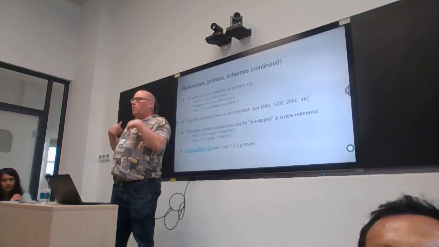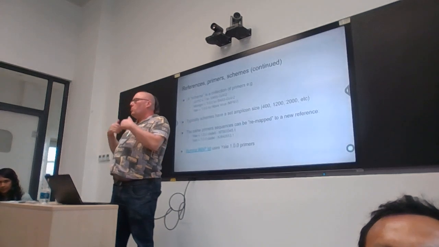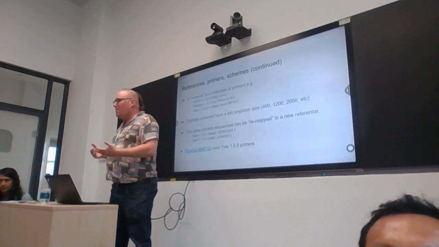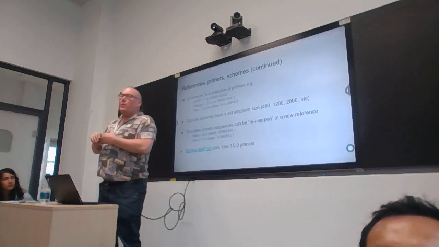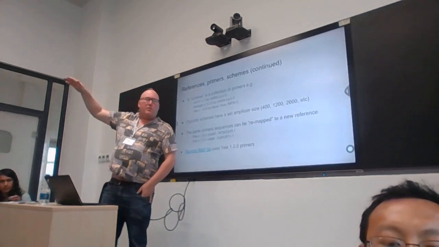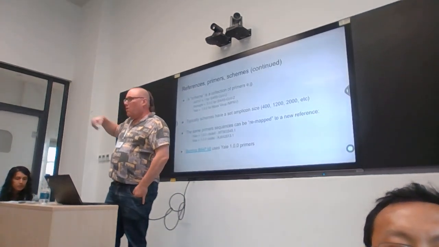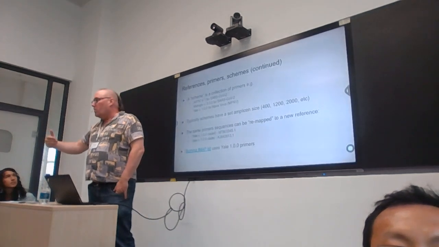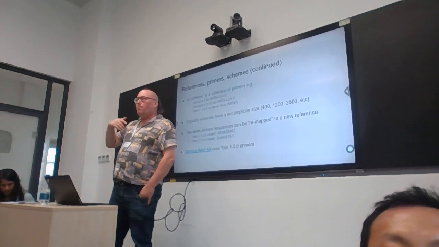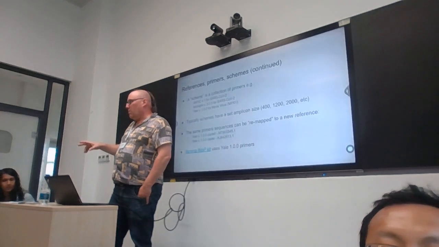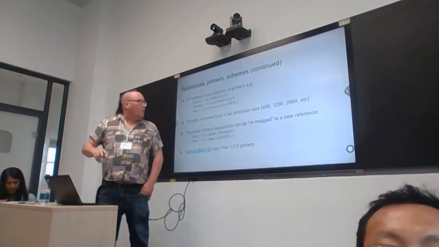But we can't wait for the new primers to be designed. We have to work with what we've got. So in other words, you don't get a perfect result, but at least you get a result that's good enough to detect the transmission that we're interested in detecting, right? Okay.